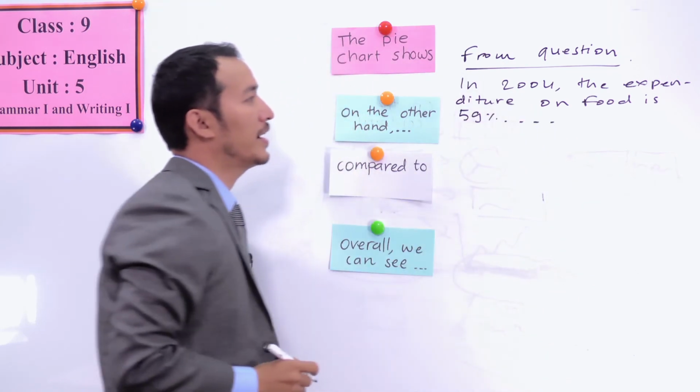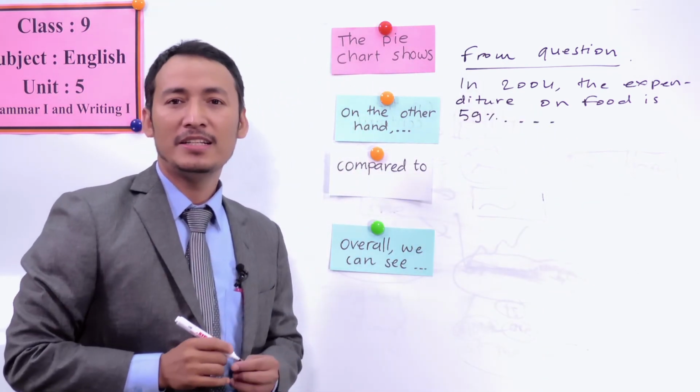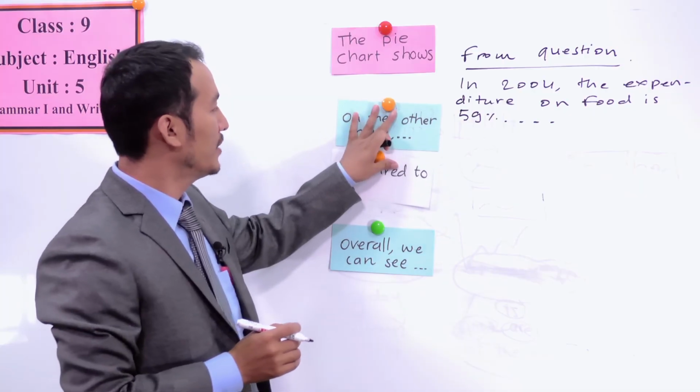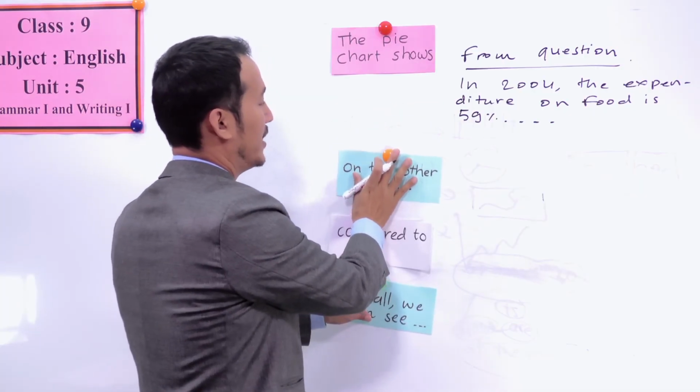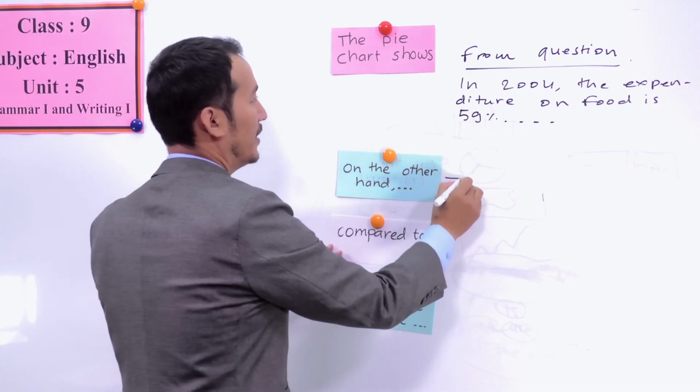and so on. You can go on describing the data, and you can describe the next chart with the words on the other hand.